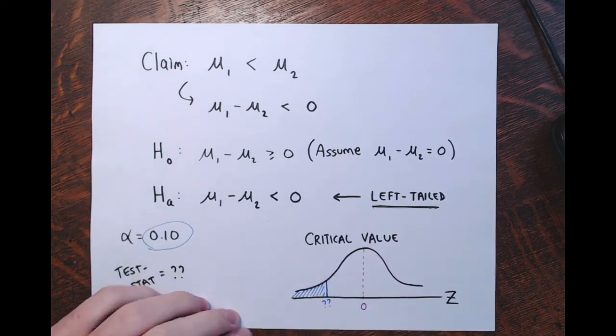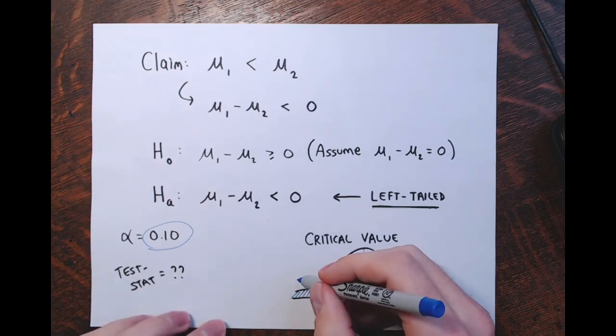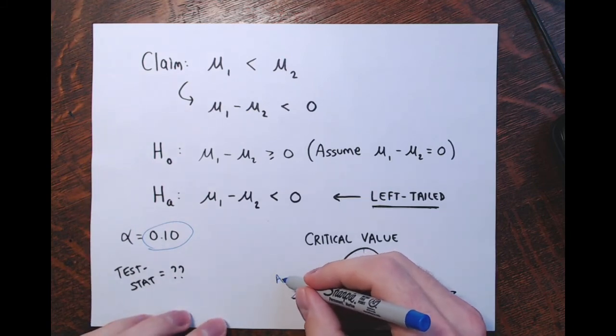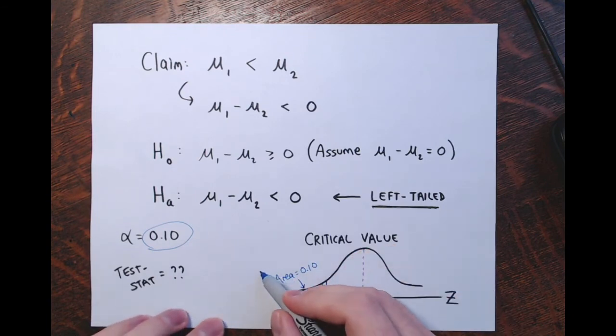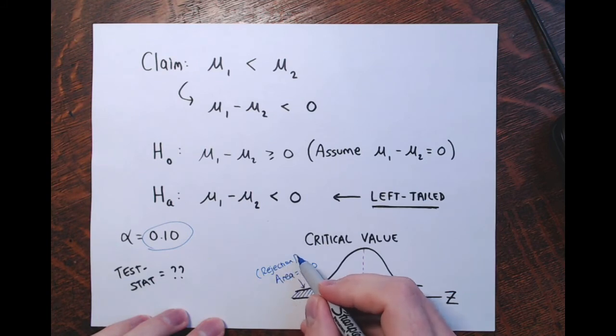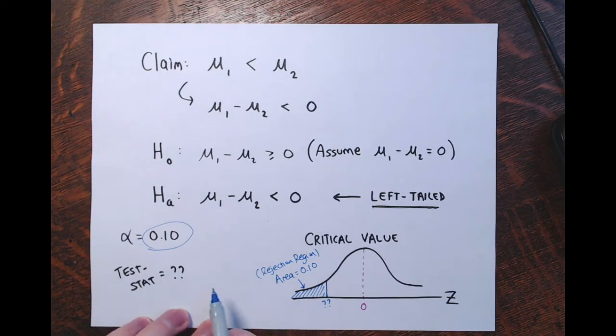Right? Remember alpha, the significance level, gives you the area of the rejection regions. So I want the area of this left tail to be 10%, and again, this would be our rejection region, right? And if the z-score for our test statistic came in over here, we'd reject the null hypothesis, and if it doesn't, we would fail to reject it.